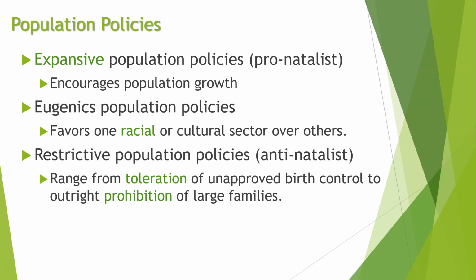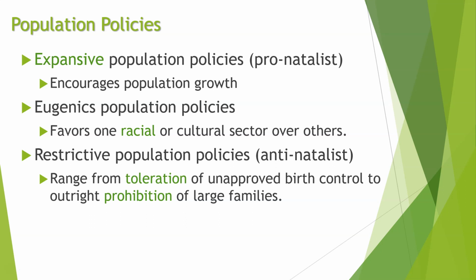All right, population policies, and this was a fun aspect of population, if you remember. We have expansive population policies, which we called pronatalist, encouraging population growth. We talked a little bit about selective population growth, so eugenics, favoring one cultural sector or ethnicity over others.